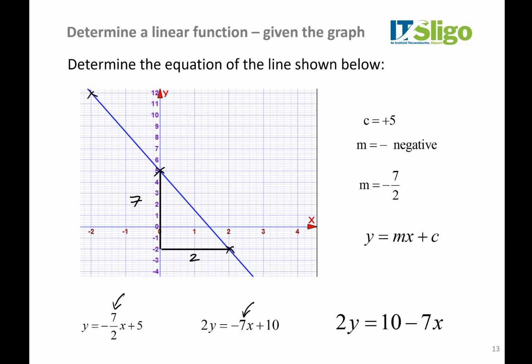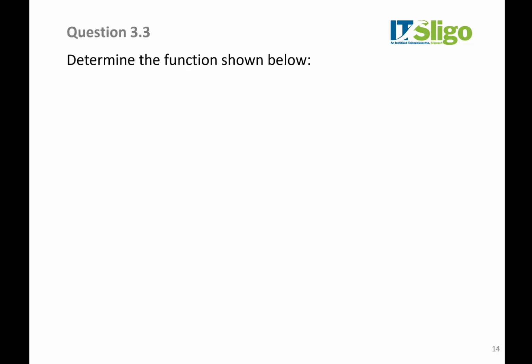So there's the correct equation there. Well, no, it's not actually the y-intercept. We have to divide everything by 2. But what I'm trying to say is, don't always expect equations to be written in this slope first, y-intercept second kind of scenario. So that's the equation of that graph there.